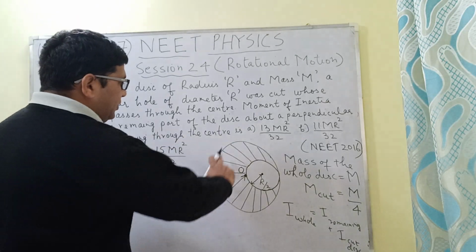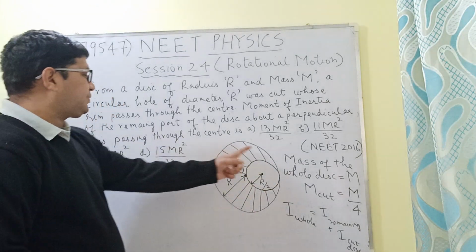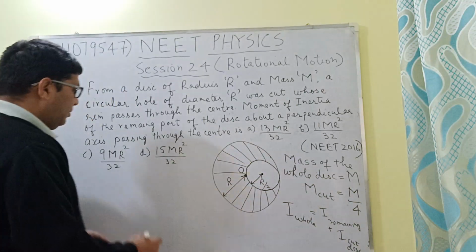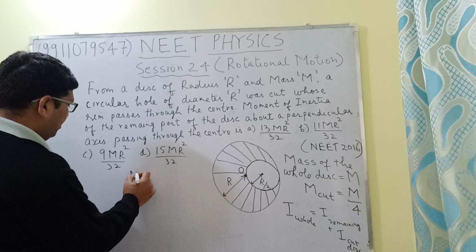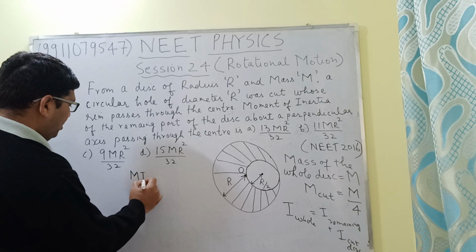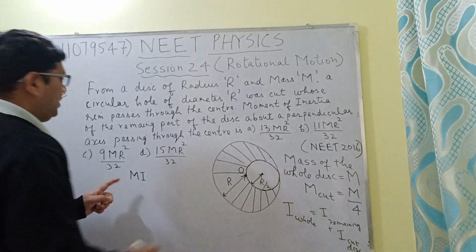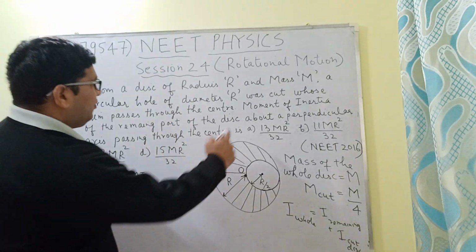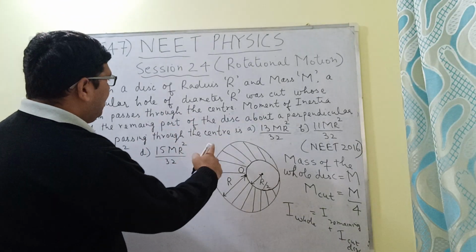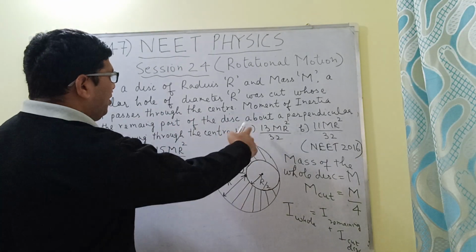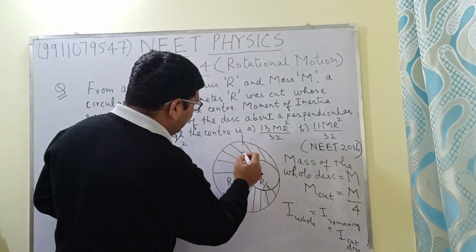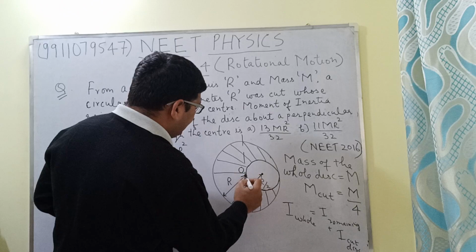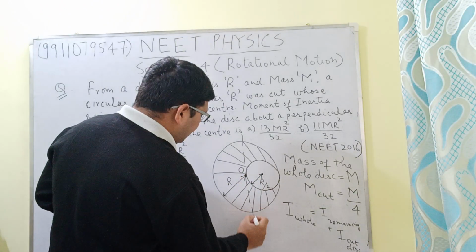Now we have to find the moment of inertia of this remaining disc about a perpendicular axis passing through the center. That is, we have to find the moment of inertia about this axis, which is passing through this center.